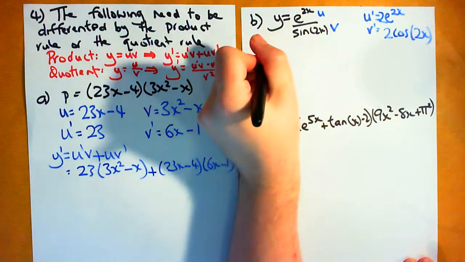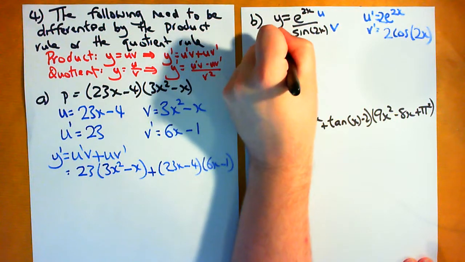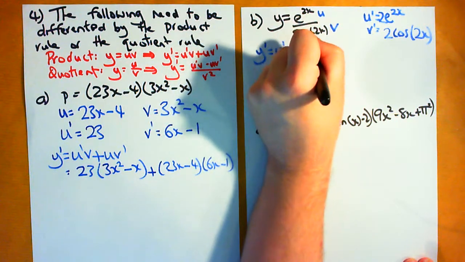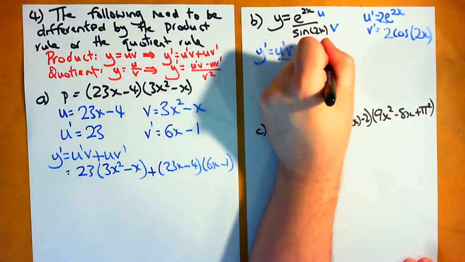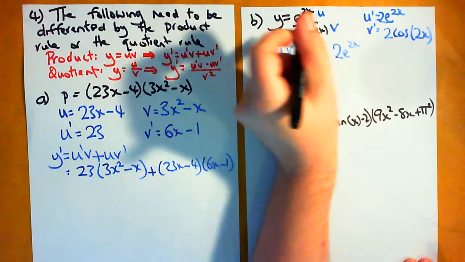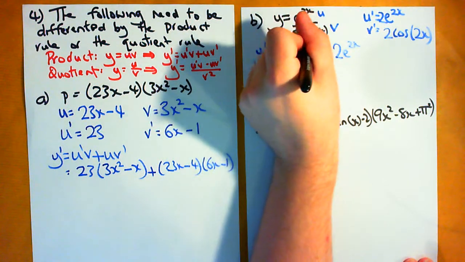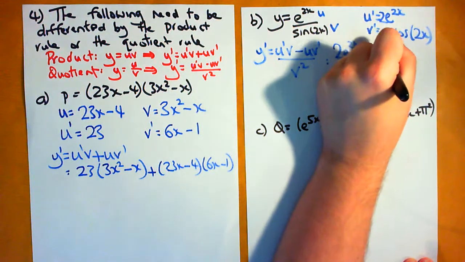Okay, so your quotient rule is y dash is u dash times v minus u times v dash, divided by v squared. So u dash is 2e to the 2x multiplied by v, which is the original denominator, sine of 2x.